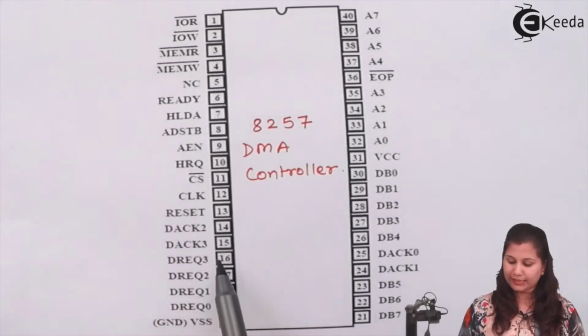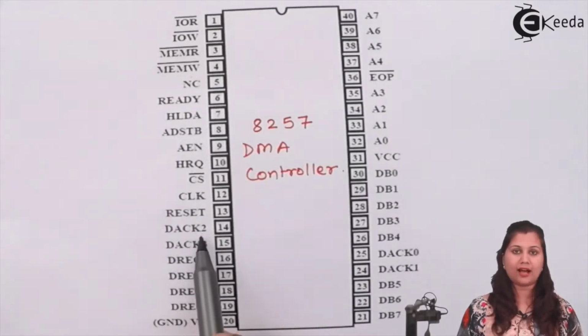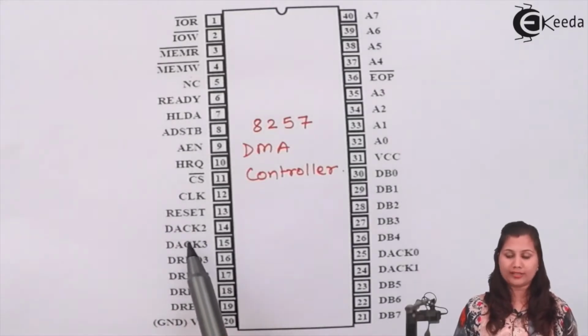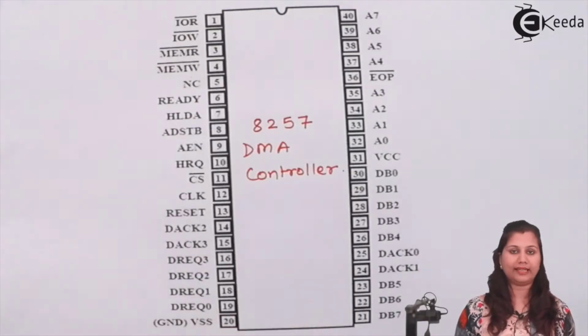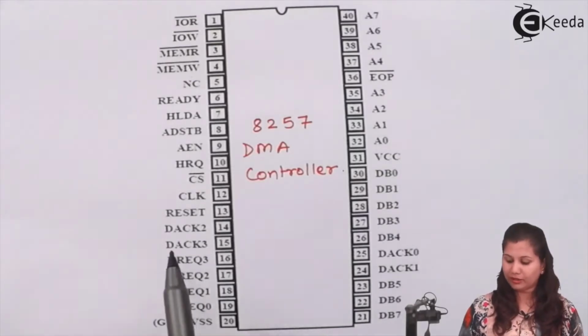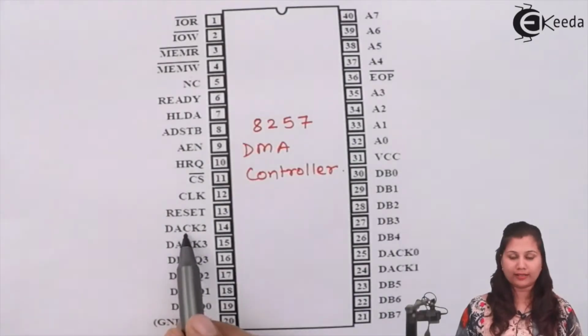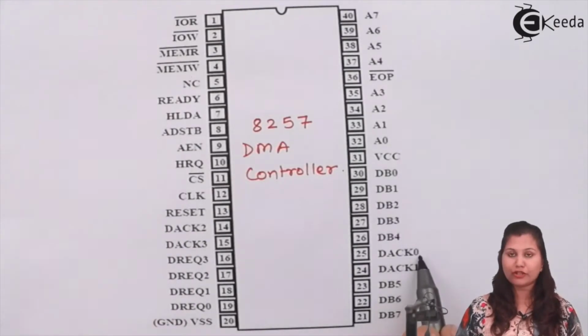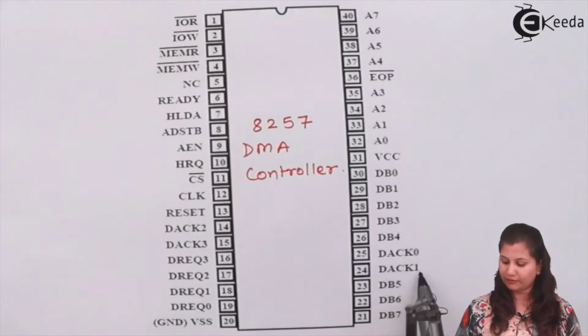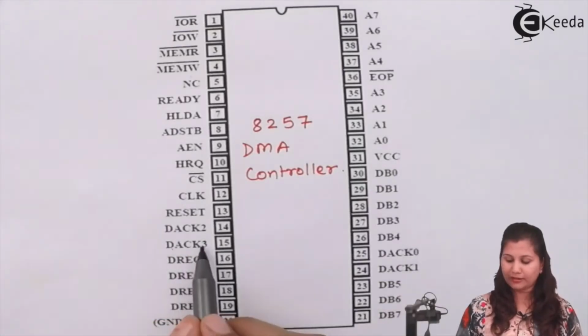The 14th, 15th and 16th pins, these DACK signals, are the DMA acknowledge signals. As I have said, the DMA has 4 channels, channel 0, 1, 2 and 3. So we have the DMA acknowledge signal for channel number 2, this is the DMA acknowledge signal for channel 0, this is for channel 1 and this is for channel 3.